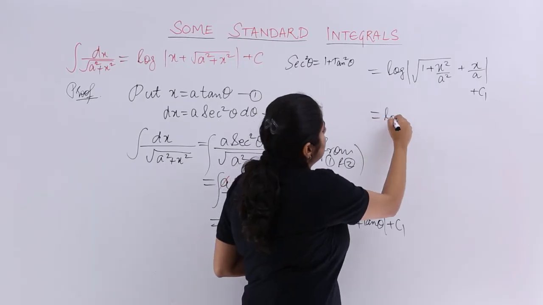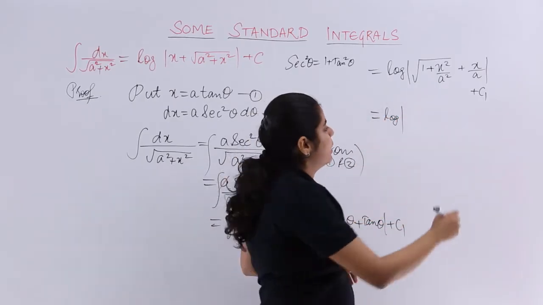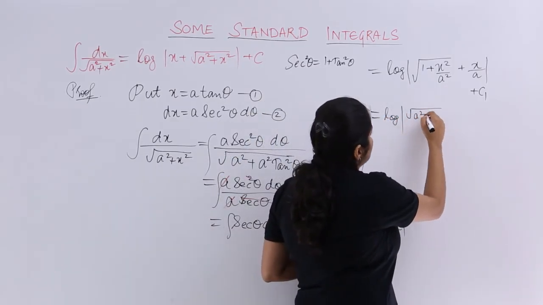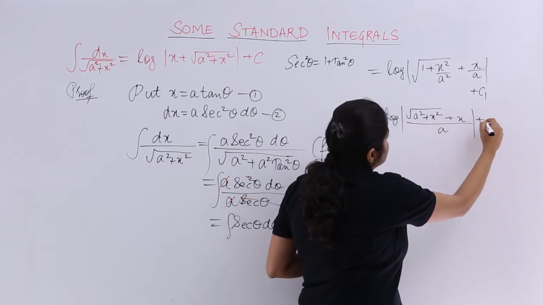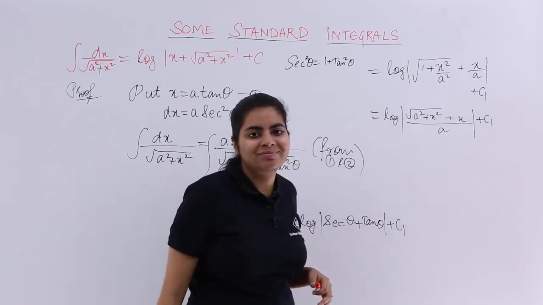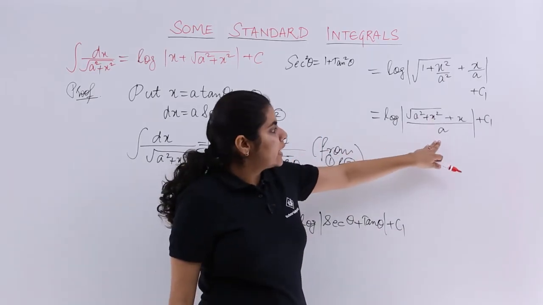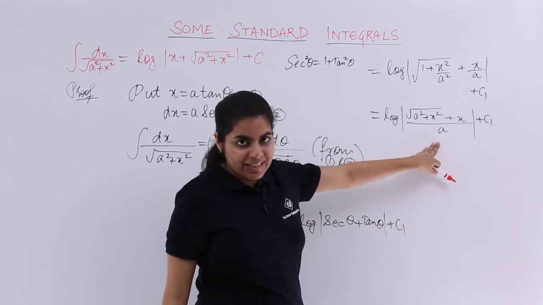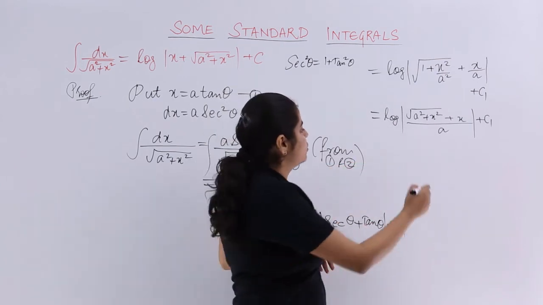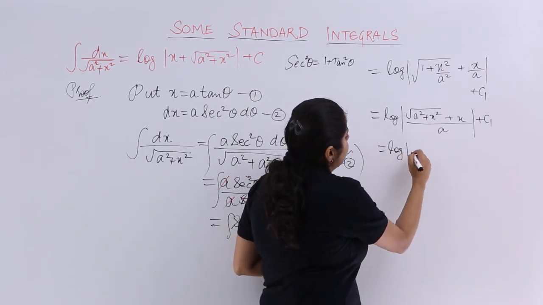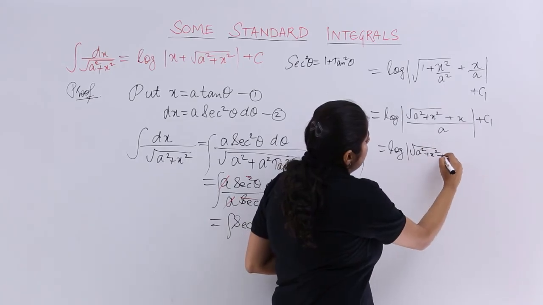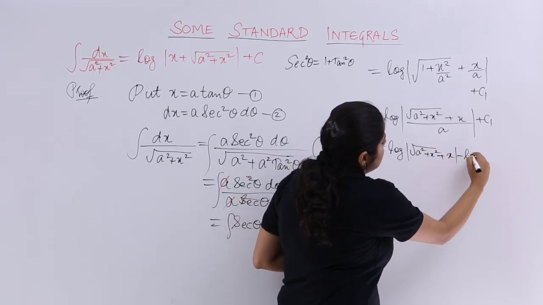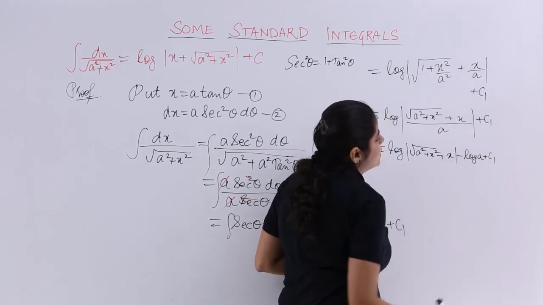Next, log, take the LCM, it becomes under root a square plus x square whole upon a plus x plus c1. Next, see, log m upon n is equal to log m minus log n. I can do that. So it is log under root a square plus x square plus x minus log a plus c1.